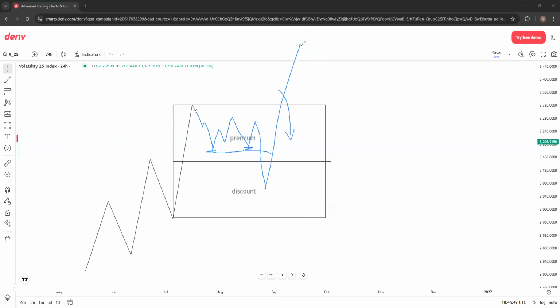The whole reason why we trade using these concepts is we are trying as much as possible to follow the steps of what institutions do. We are trying to follow the steps of what banks do. We are not trying to trade against them. But we are saying, okay, Mr. Institution, lead the way and then we follow.